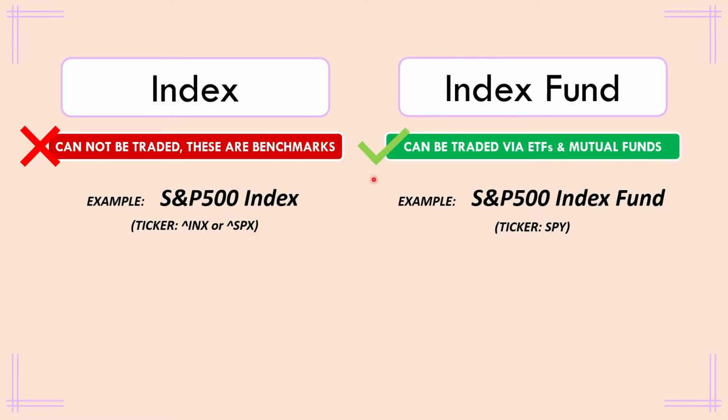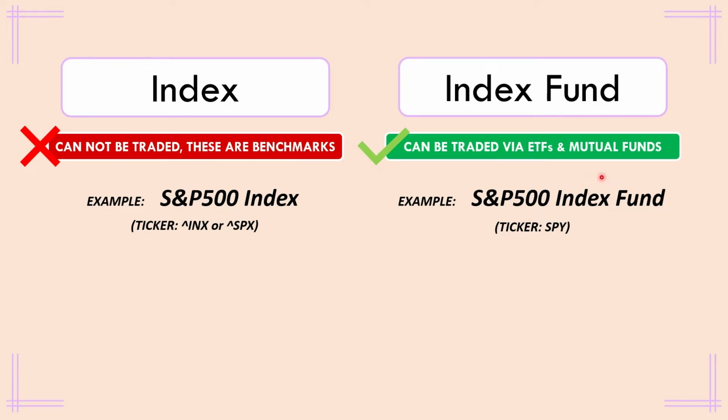Now, moving over to the index fund example, we can see that we still have the same S&P 500, which is the Standard & Poor's 500. So we're still tracking the 500 large US companies, and we're doing so in an index fund.